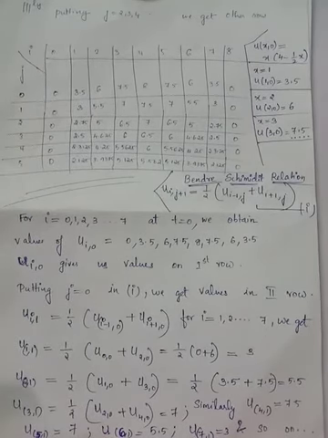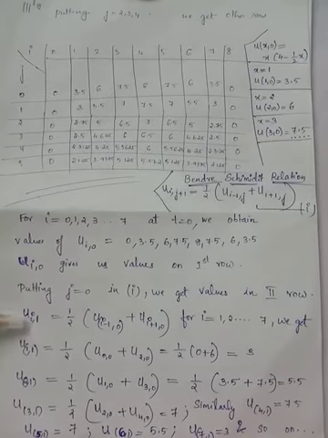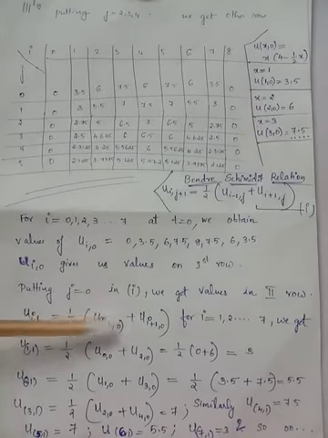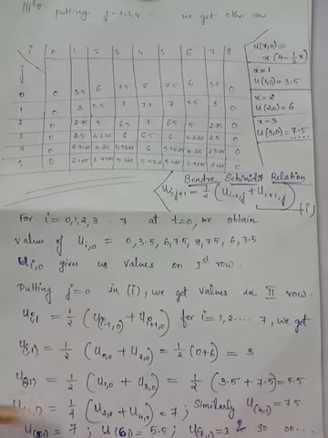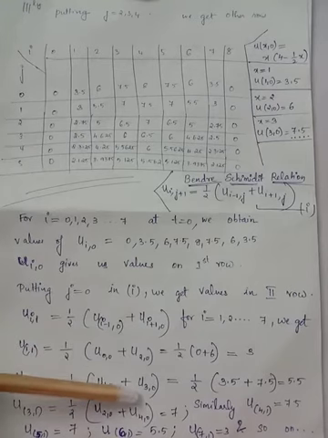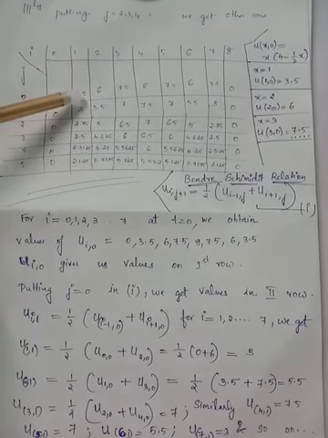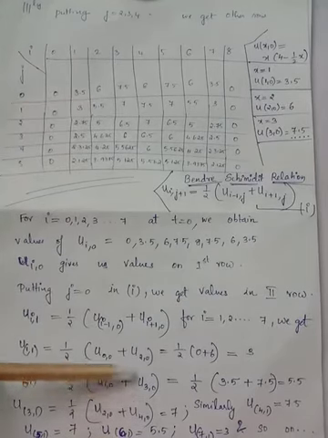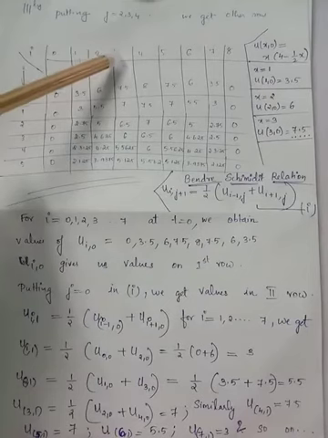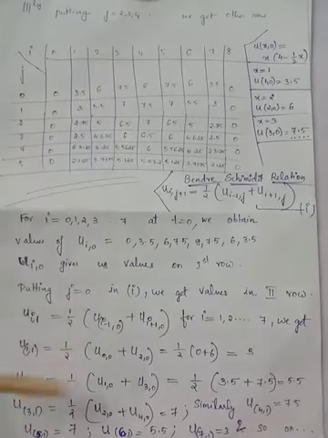Next, you evaluate u21 by substituting i equal to 2 in this relation. So these two terms become u10 and u30. What is u10? i equal to 1 and j equal to 0. 3.5 is the answer for u10. u30 is i equal to 3, j equal to 0, which is 7.5.